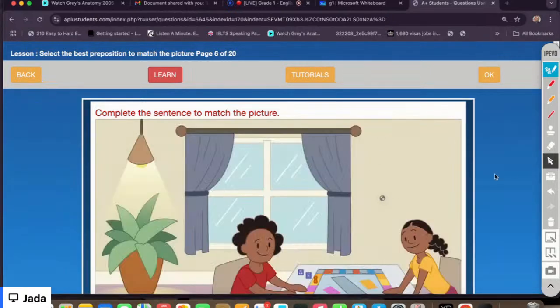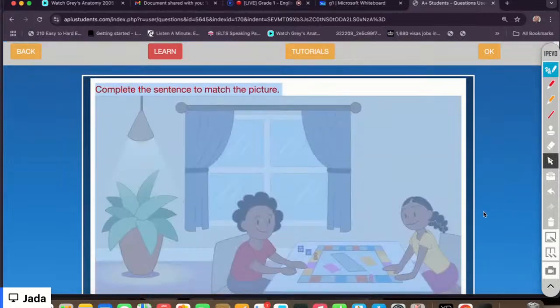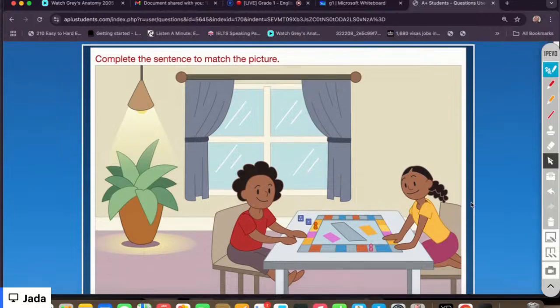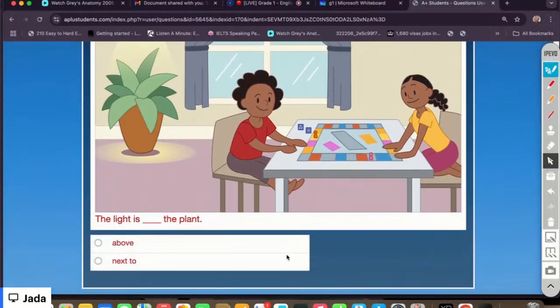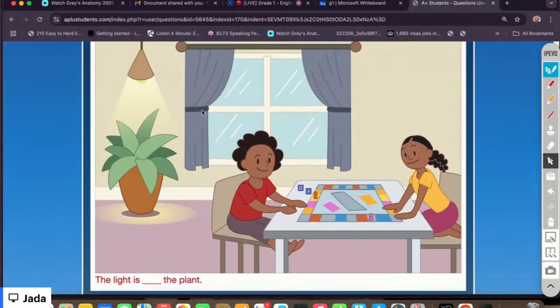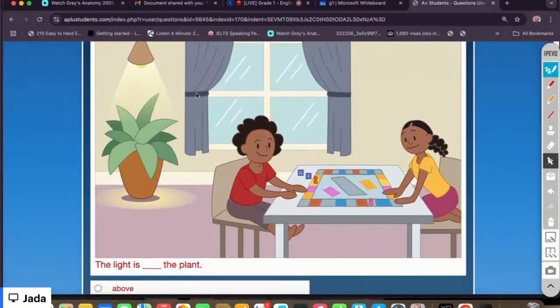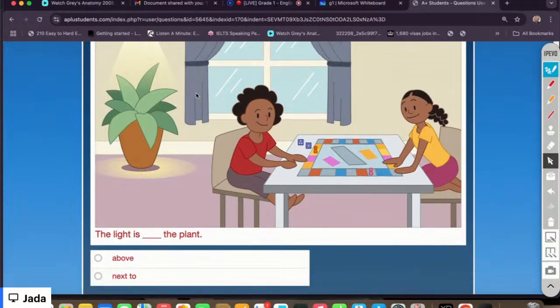So, we have this also. The light dash the plants. So, the light is above or next to. The light is above or next to. Look at the light here and look at the plants. So it is what? Is it above or next to? What do you think is the right answer?